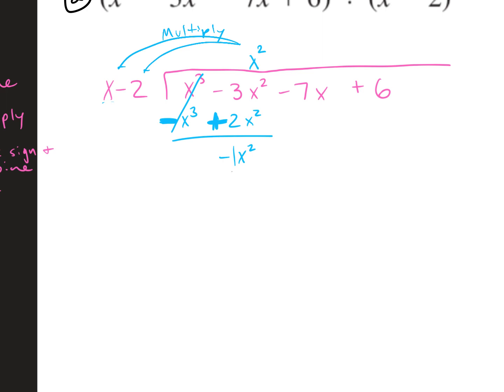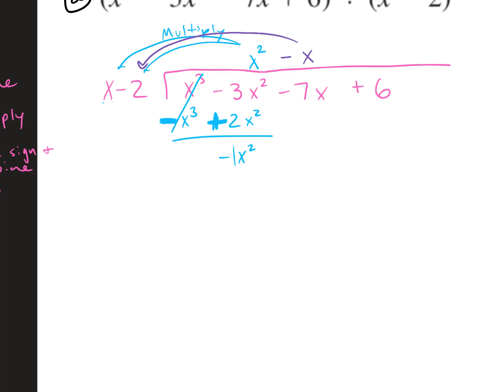Repeat. So I start with dividing. What's negative 1x squared divided by x? Negative x, perfect. So that negative x goes on top. Whatever you get when you divide, you write it up top. Whatever we write up top, we multiply with everything out front.